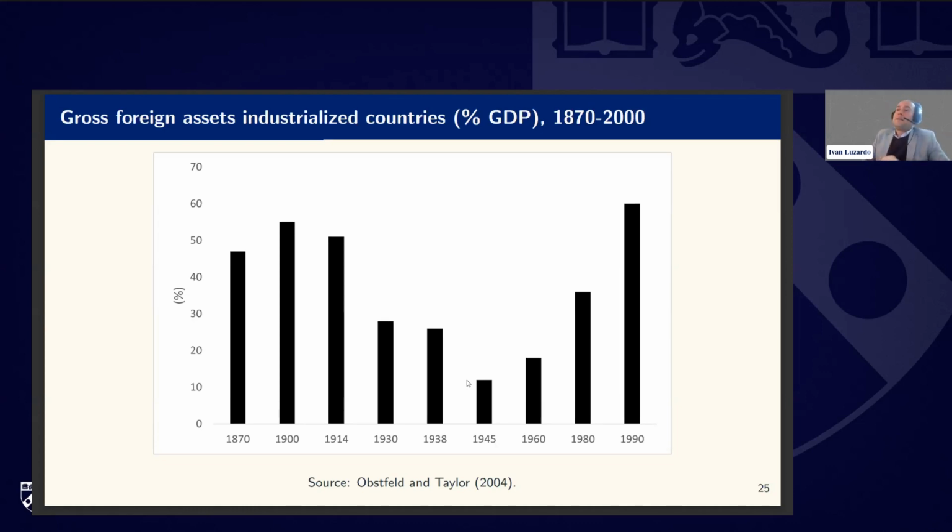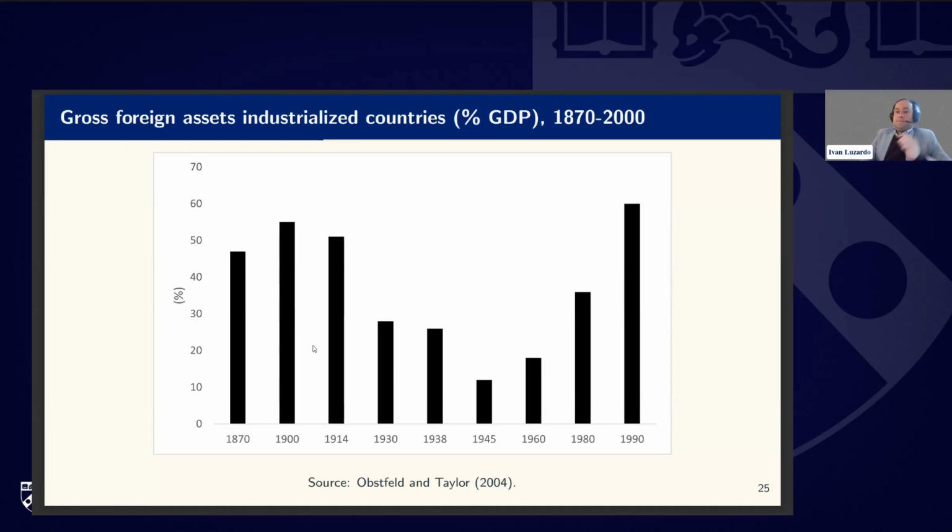And what we can see here is that, very similar to what happened with international trade, there is a decline in the level of financial integration. There is a reduction in foreign assets between the early 20th century and the interwar period, and during the second wave of globalization that started in the 1980s, you see a resumption in the level of integration, at least in terms of financial integration.